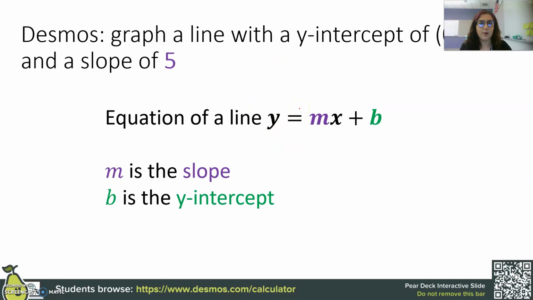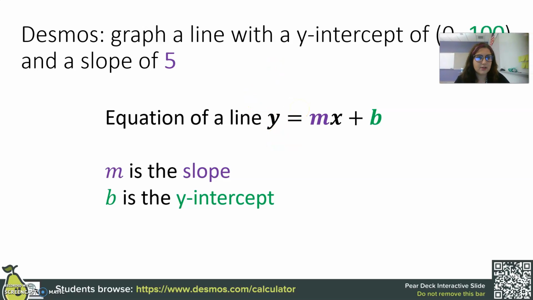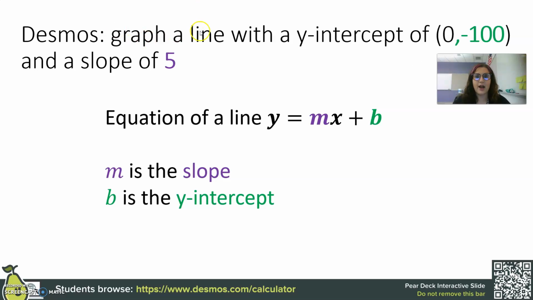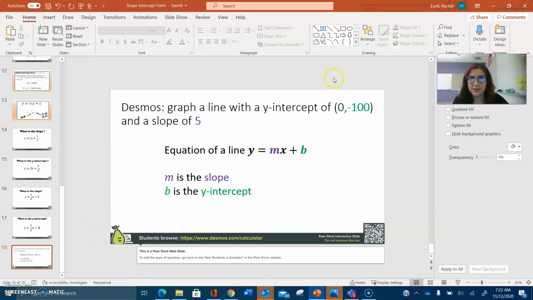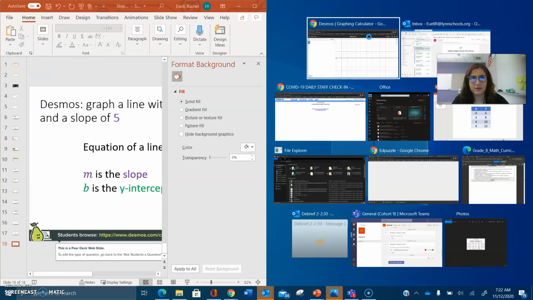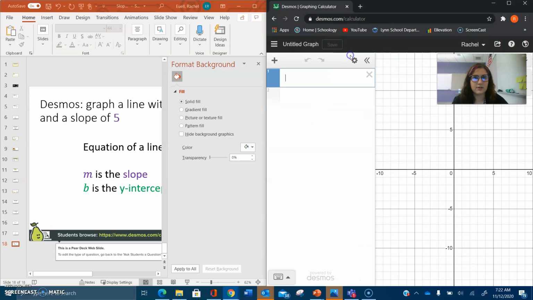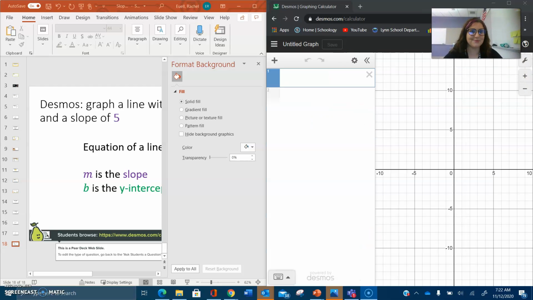All right, and then a quick, just fun little activity is to graph a line with a y-intercept of (0, -100) and a slope of 5. So for this, we're going to use Desmos. You know I love Desmos.